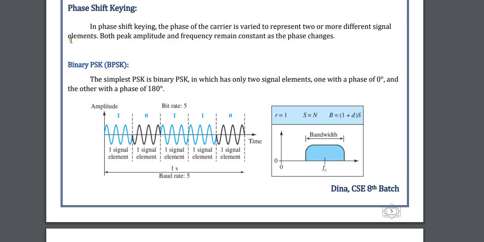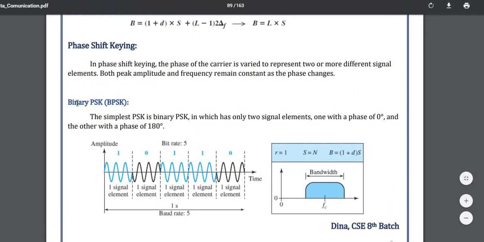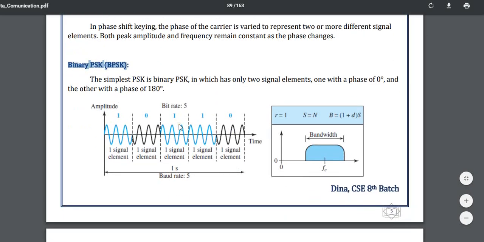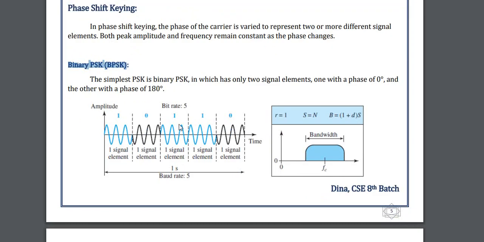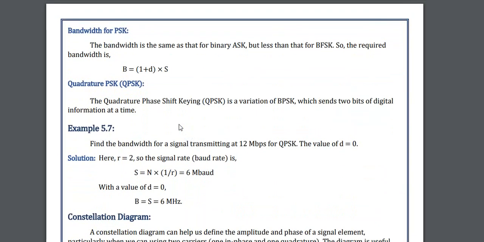This is known as phase shifting. Here we use binary phase shift keying, known as BPSK, in this diagram. Here are some mathematical notations which are quite important for your examinations. You can practice them at home.